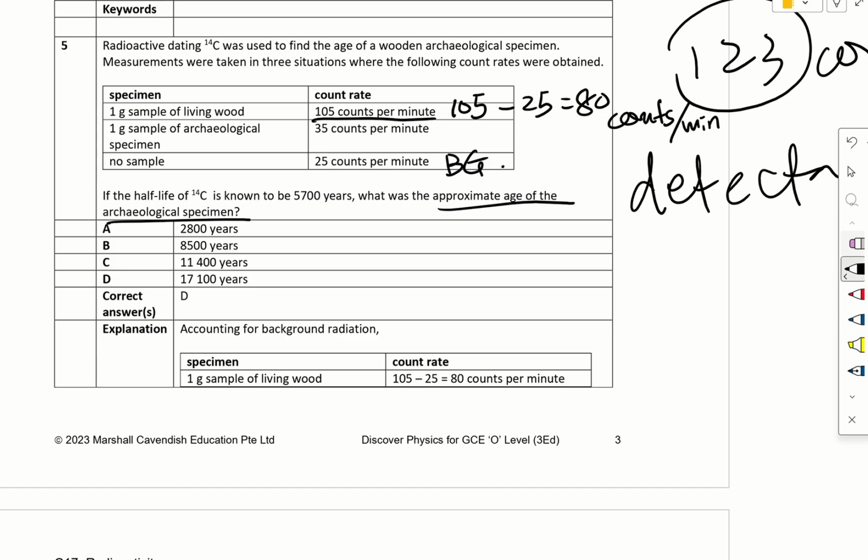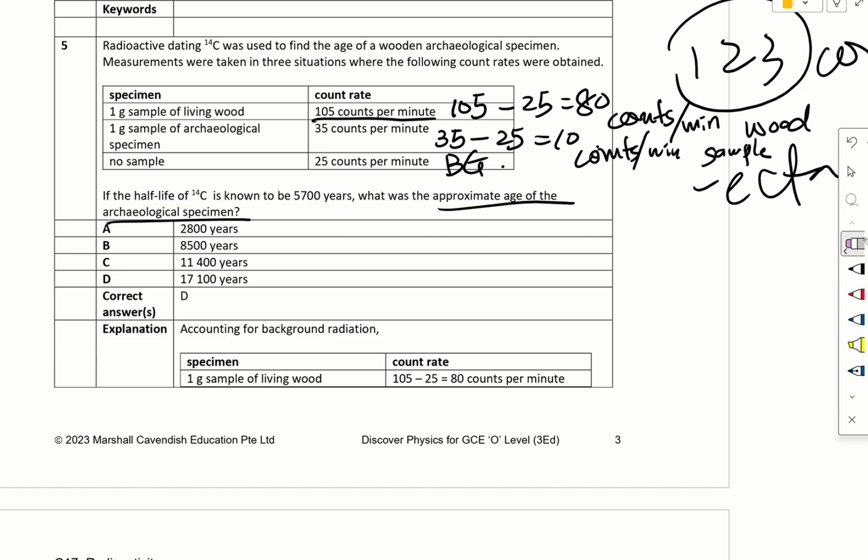This is due to the wood itself, after I subtract away the background count. For the 1 gram archaeological sample, I also need to get the background count deducted from here. So I get 10 counts per minute on the sample.